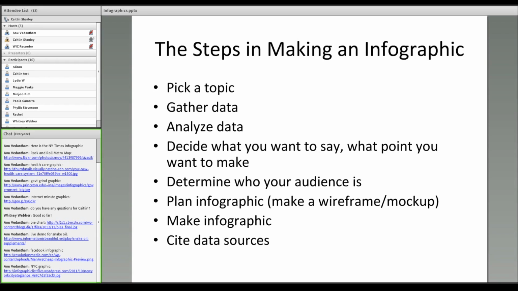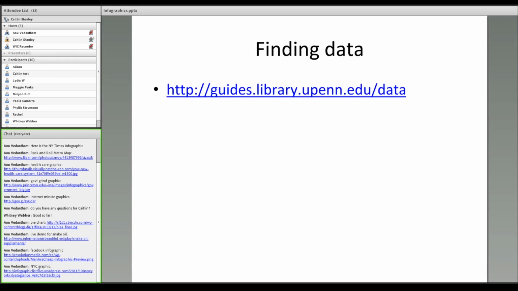So we probably have different types of people in the listening audience today. Some of you may have data sets from original research. Some of you may be looking for data to play around with and to visualize. So I wanted to just quickly let you know about a resource that we have here in the library that helps you find data.